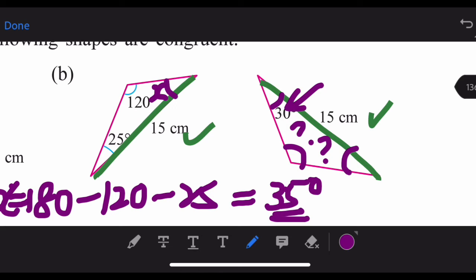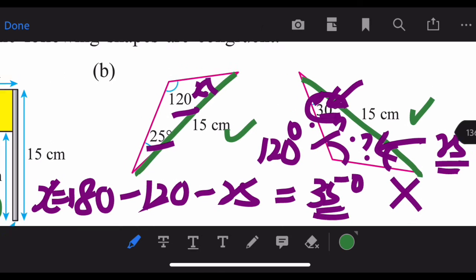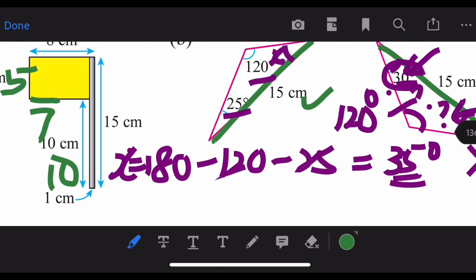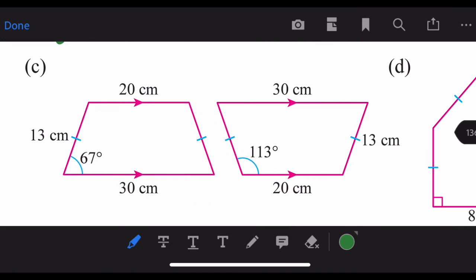If this is 25 and this is 120, we cannot make a congruent because it cannot form 180 degrees. So obviously this is not congruent because of the angle, even though there is one side of 15 centimeter. So B is not congruent. Let's study C.